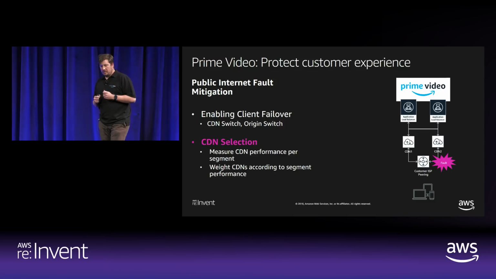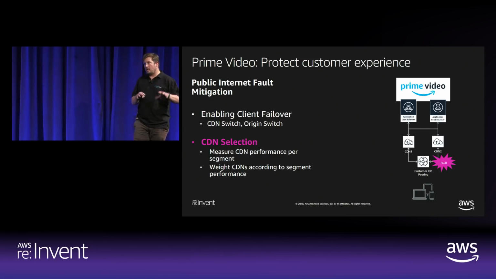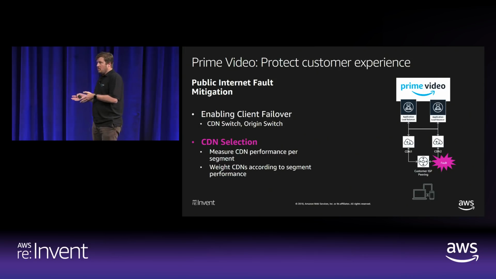But what we'll focus on here is our CDN selection. Some CDNs have more capacity at certain ASNs and POPs than others. Some CDNs don't have peering with a customer ISP, so that traffic goes over transit. Is that something we want?